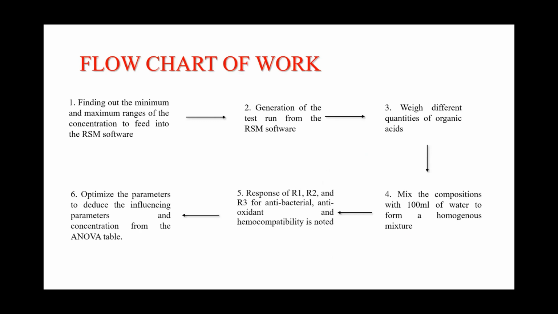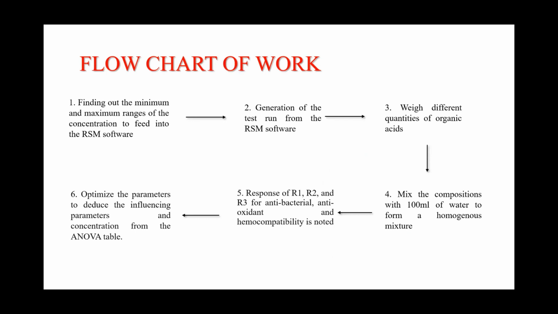Coming to the flowchart of our work, first we need to find out the minimum and maximum ranges of the concentration to feed into the RSM software, which then generates the test runs.